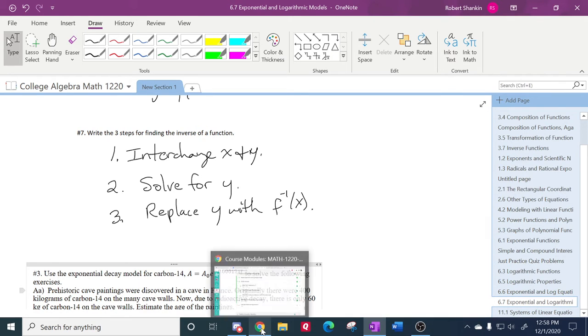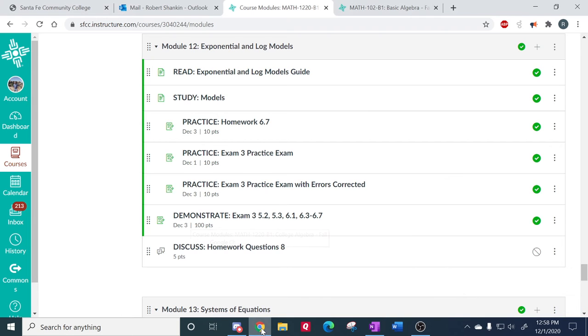Quick announcement though, we've got an exam coming up on Thursday. Well, that's the last regular day of class. So exam 3 practice exam was due today. And then just today, what opened up is exam 3 practice exam with errors corrected.